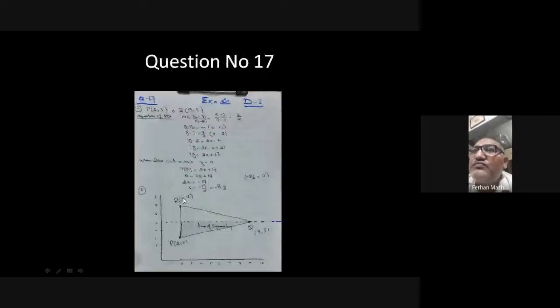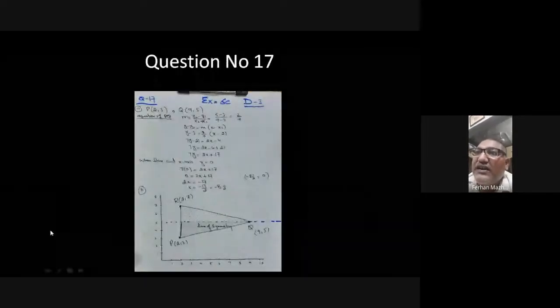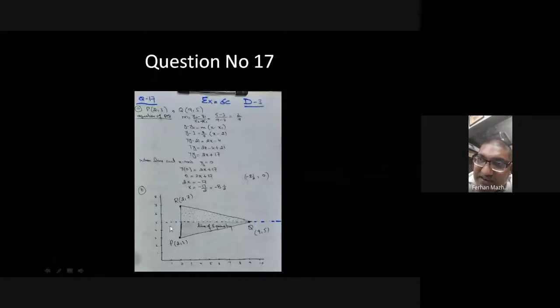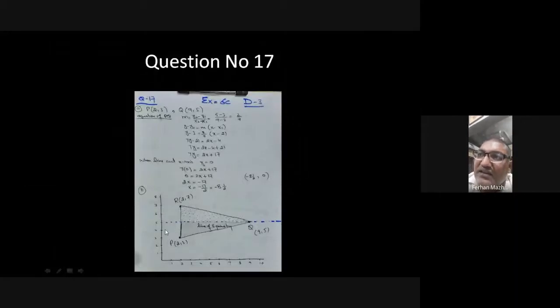Now, in the D part, he says, hence find the length of the perpendicular from R to PQ. This was the triangle PQR. If you take this side, which is 4, because this is a vertical line, from my grid, you see this was on the grid. This will be 4, and this will be the height of the triangle.